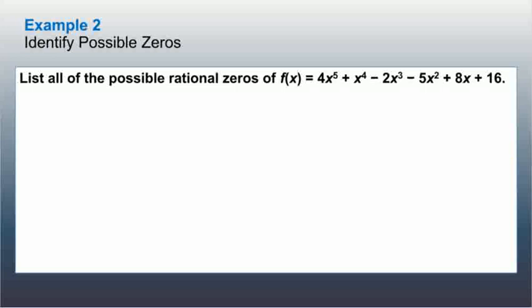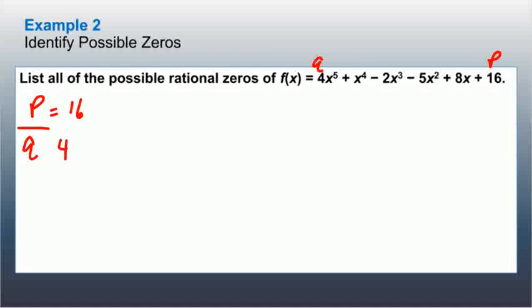So here we're going to list all the possible rational zeros of f of x. To do this, this is our p, this is our q. So if we have p divided by q, this is 16 and this is 4.